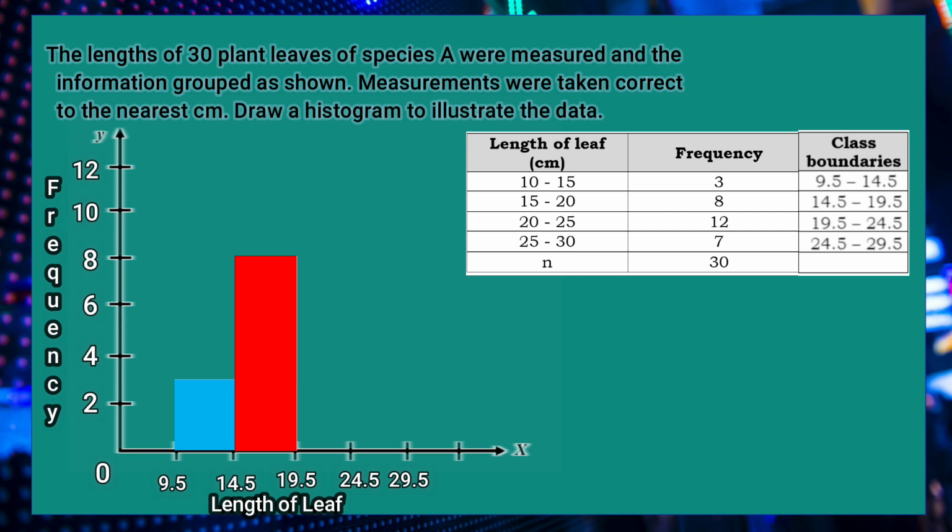For class 3, the frequency is 12, so again mark it and draw in the line and fill in the bar. And continue this for class 4. Once you're finished, you can put the frequency values above the bars as this gives you a quicker way to view the histogram. This is the finished graph of the frequency distribution using the histogram.